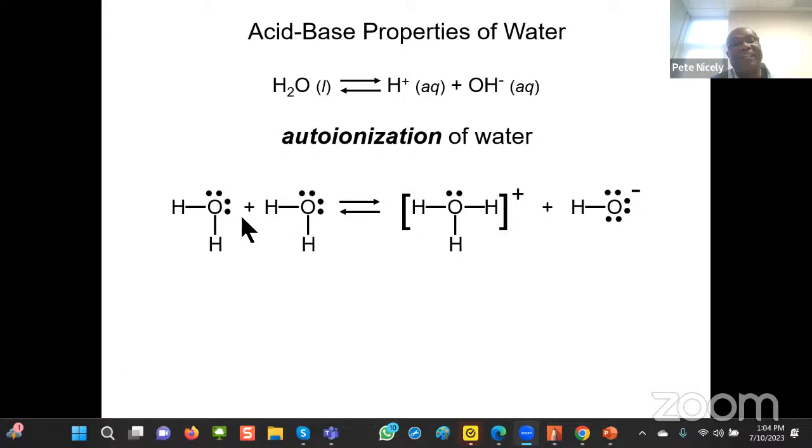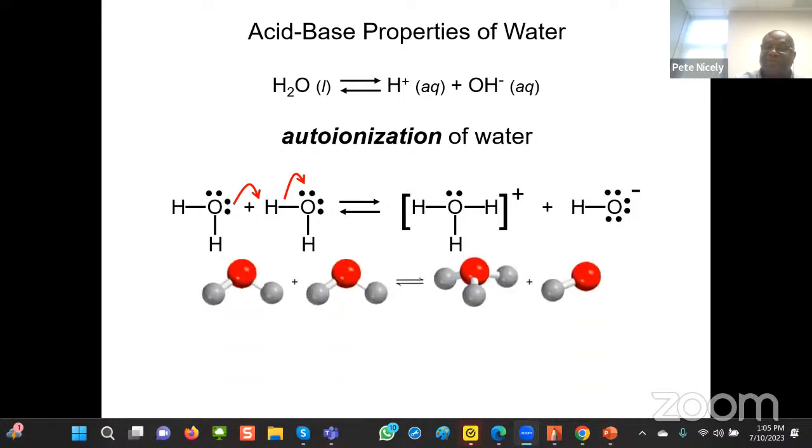One of them will gain the hydrogen ion from the other water molecule. And the way that happens is that this oxygen here will donate a pair of electrons to this hydrogen. So the hydrogen will give up its pair of electrons, bonding pair here, to the oxygen, and a bond will form between this oxygen and this hydrogen. And that's how you end up with the hydronium ion, and the hydroxide ion will be the other product of this reaction.